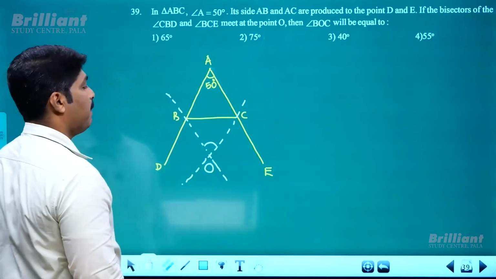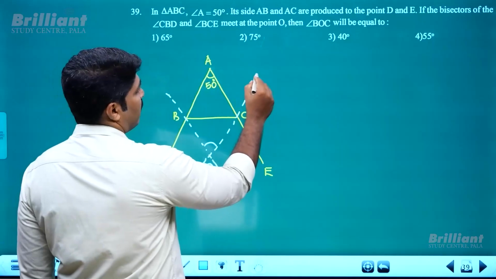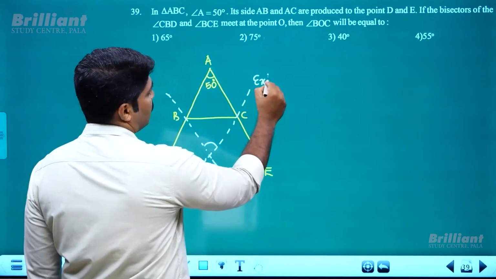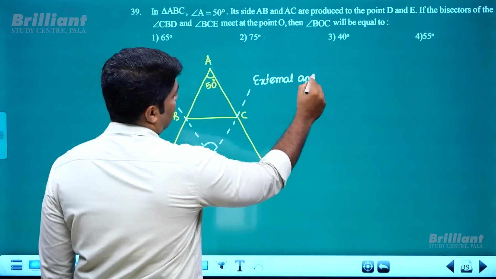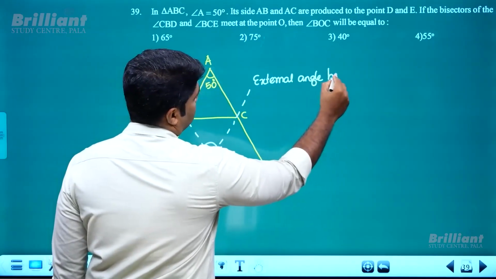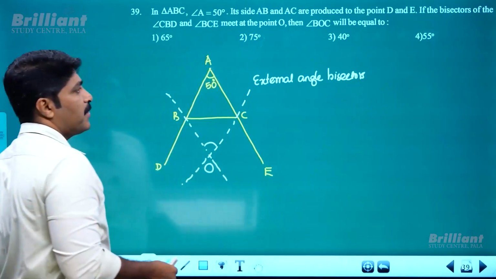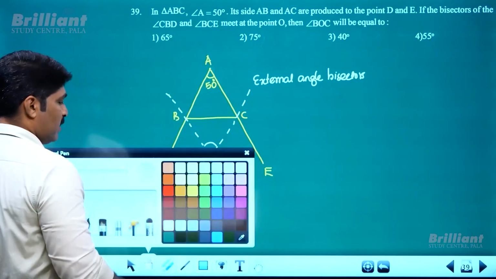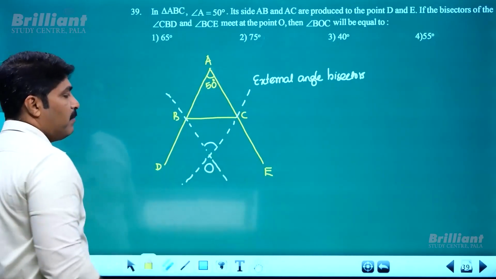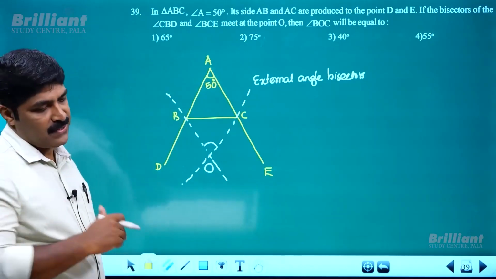Actually, these two bisectors are external angle bisectors. Here again, I am not going to explain the proof of the results. Instead, I am directly giving the result, and with its help we can easily find the answer.